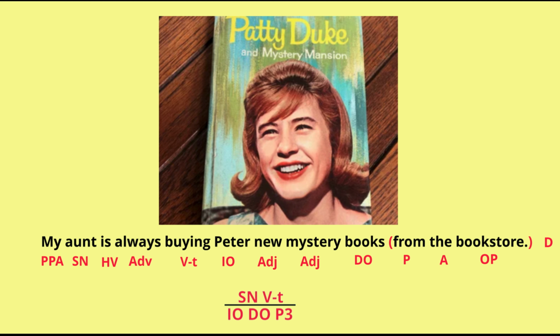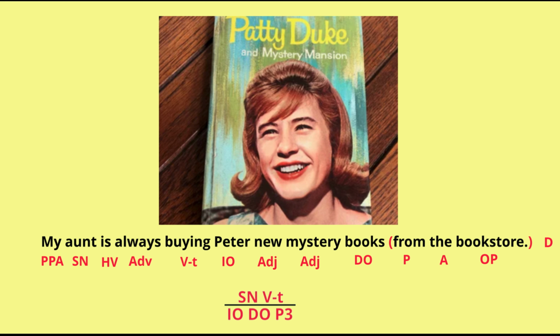New mystery books. What kind of books? New mystery. So, new and mystery will be the adjectives because they're describing the books. From the bookstore. So, to find the preposition, let's ask from what? And if we get a noun, then it will be a preposition, right? Then from will be the preposition.